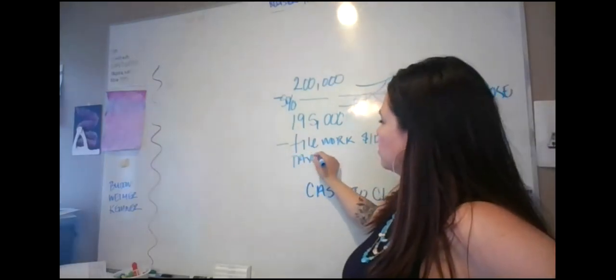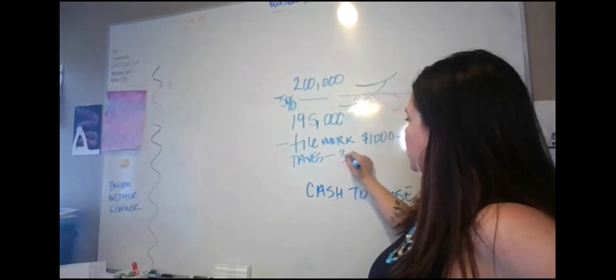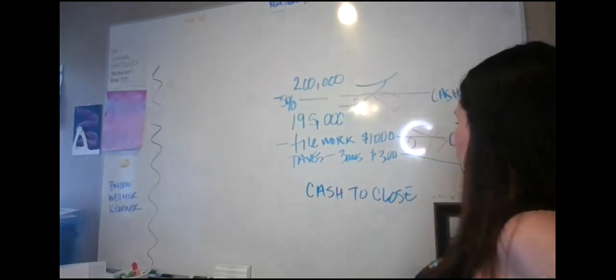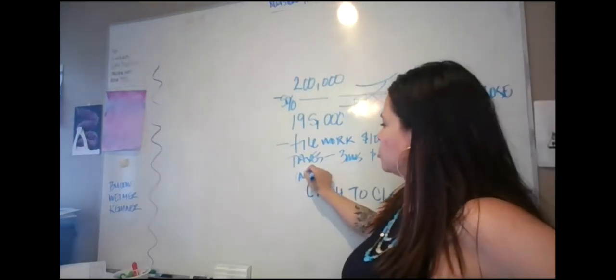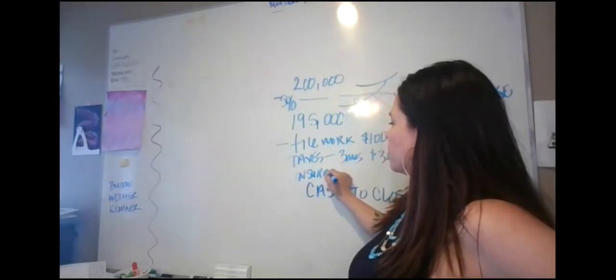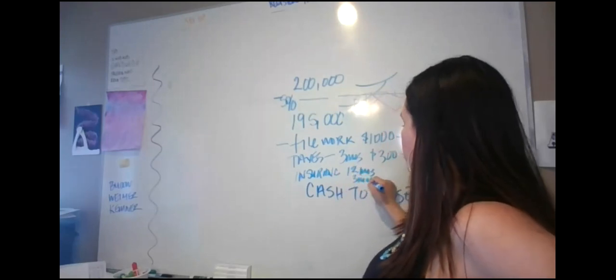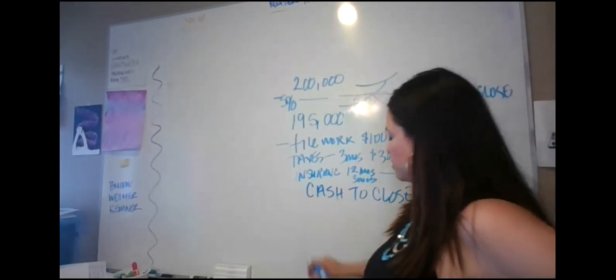Taxes, we're collecting for escrow, that's 3 months. So let's say that 3 months is 300, that's cash to close. Insurance, if it's a purchase, you gotta collect 12 months plus 3 months for escrow, that's cash to close.